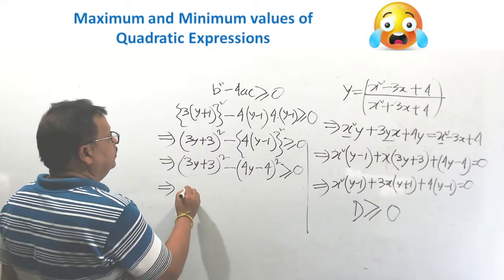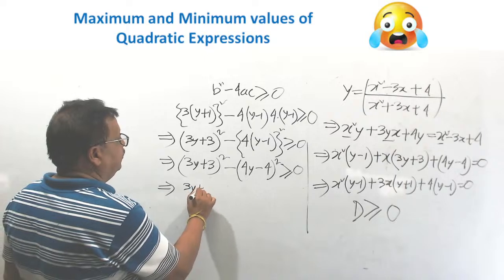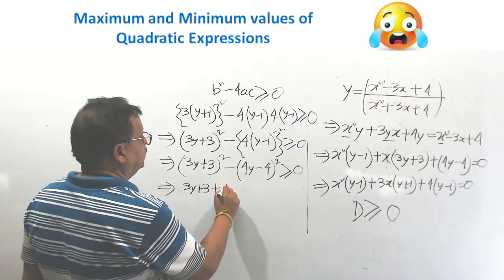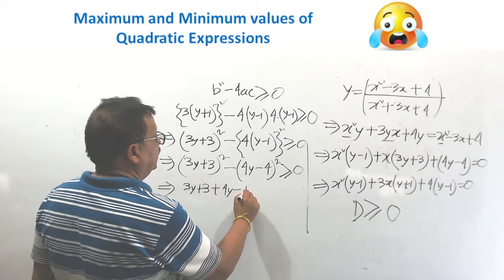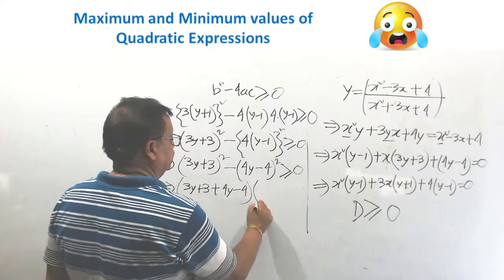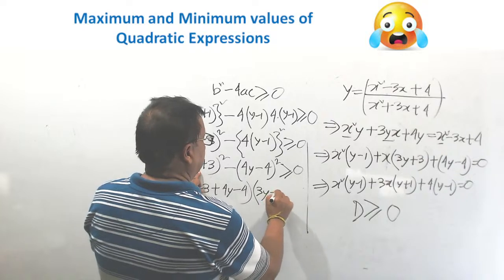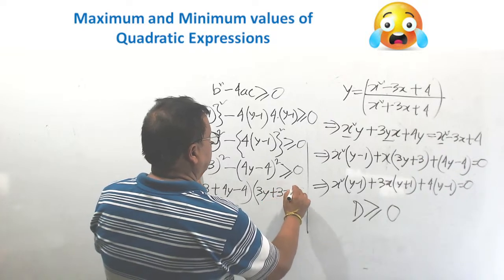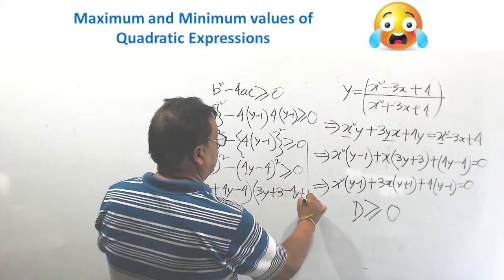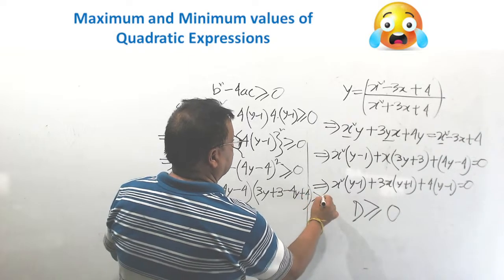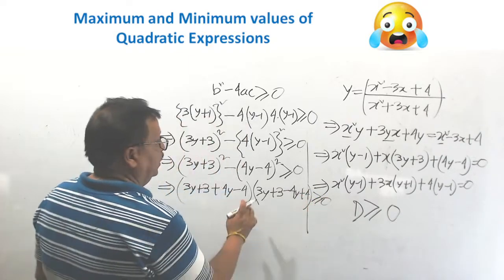This equals 3y plus 3 plus 4y minus 4, into 3y plus 3 minus 4y plus 4, greater or equal to 0.